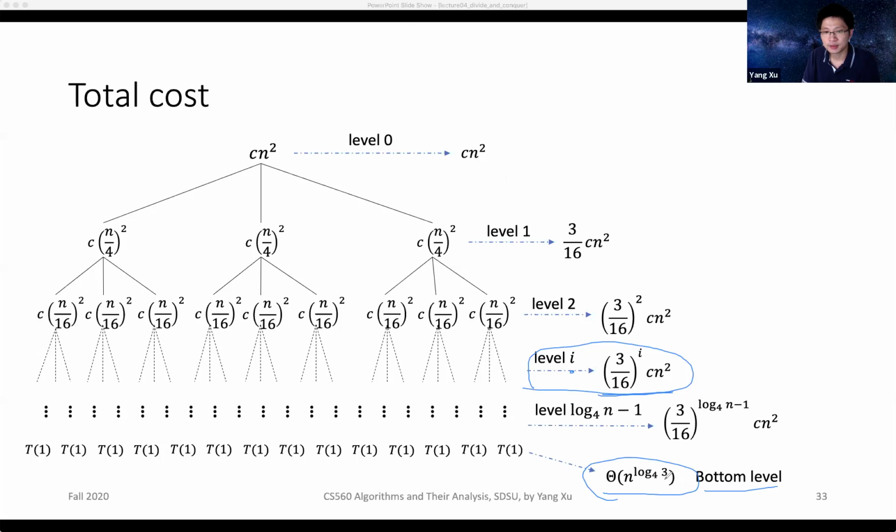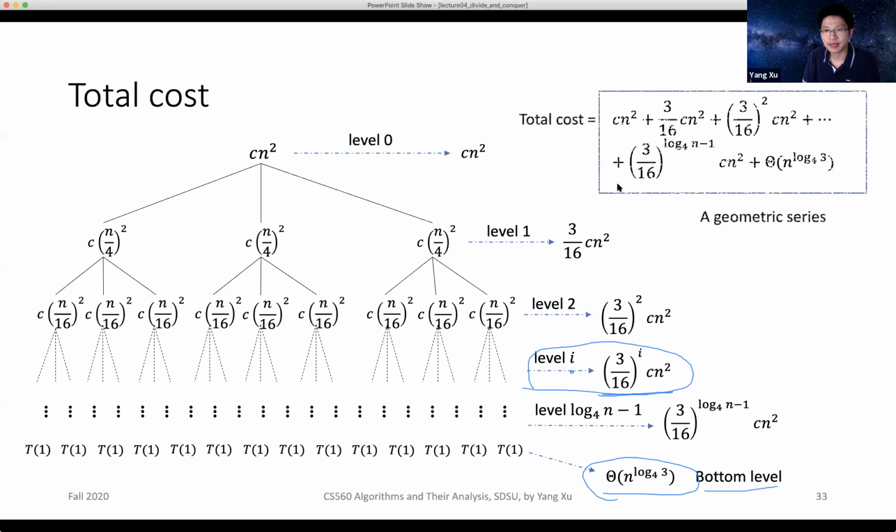With that, we are able to compute the total cost by summing up this geometric series from c times n squared, to 3 over 16 times c n squared, plus 3 over 16 to the power of 2 times c n squared, and so on until this level.